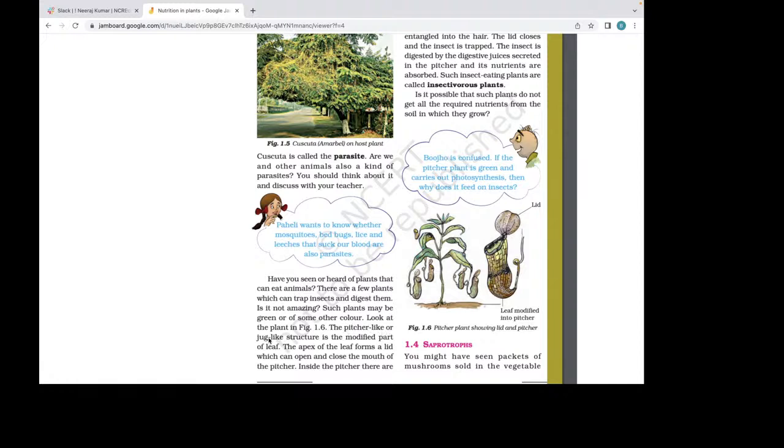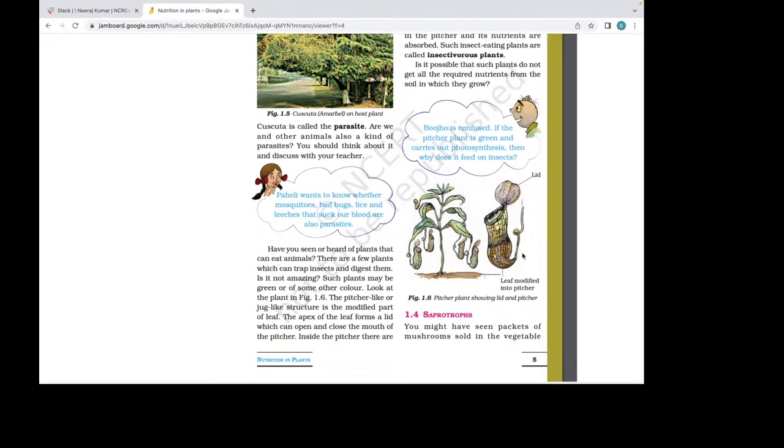The pitcher-like or jug-like structure is the modified part of the leaf. This picture you can see. The apex of the leaf forms a lid which can open and close the mouth of the pitcher.